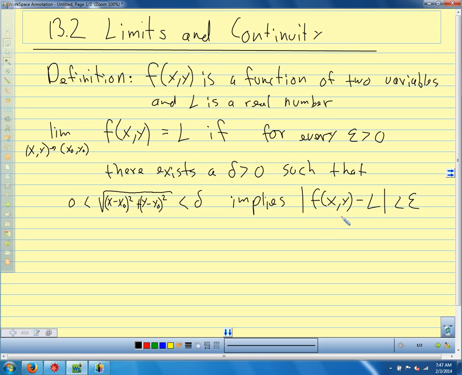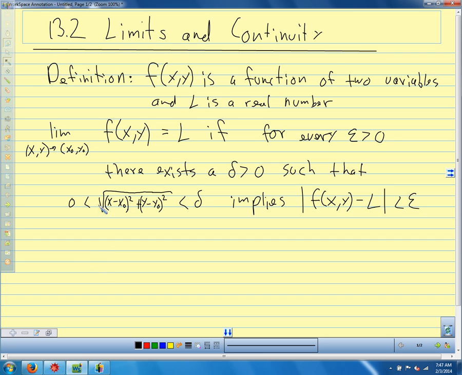That's going to guarantee us that our function is close to our limit. So if we get close to some specific value in the domain, that guarantees us that we're close to a specific value in the range. This is our mathematically rigorous definition of what we mean by close together.